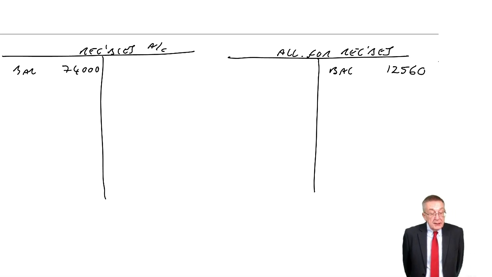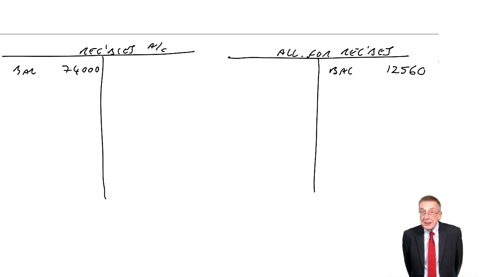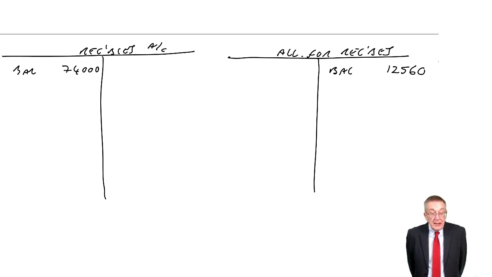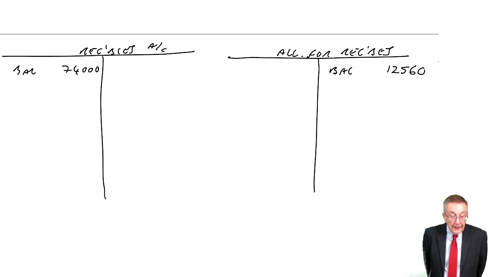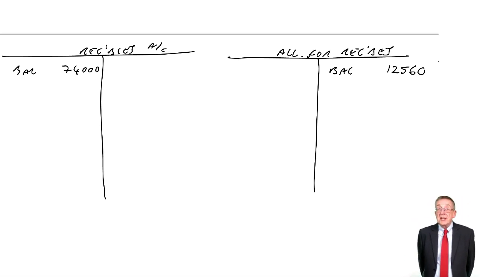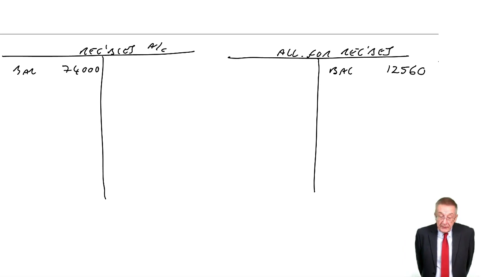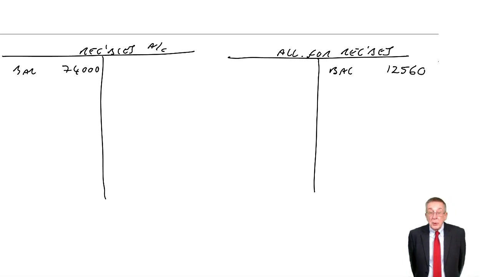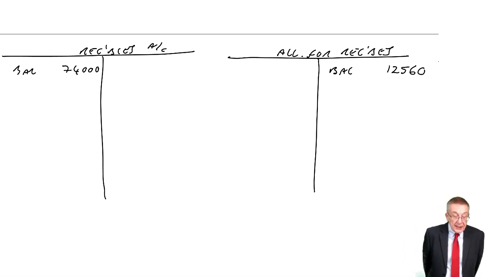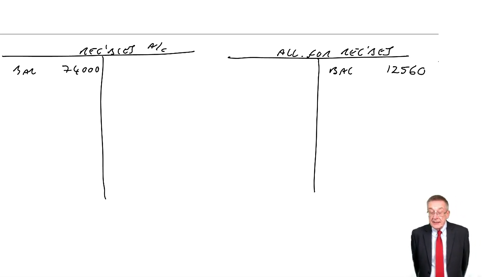During the year ended 31st December 2001, which is the second year, Scylla made sales on credit of 261,000 and had received cash from customers of 238,000. Before we go any further, let's play bookkeeper, because the next line says these amounts have been entered into the receivables account and a balance extracted.